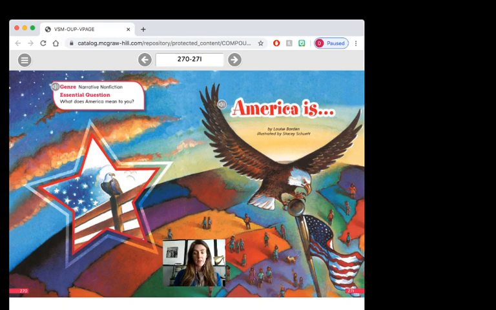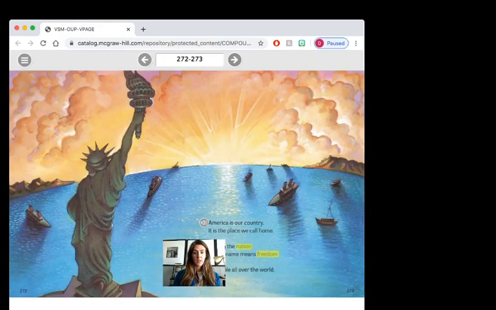Good, right here, by Louise Borden and illustrated by Stacy Schuett, right above our bald eagle here, which, as we already know, is the symbol of the United States. Good. Let's turn the page. Beautiful picture here, I already see. And I can see this as another symbol of the United States, which I'm sure a lot of you already know what this is, right? Statue of Liberty. Let's read.